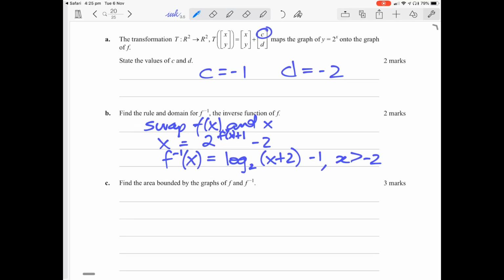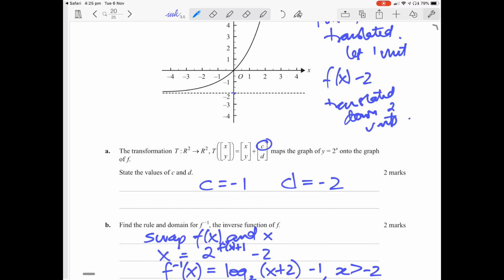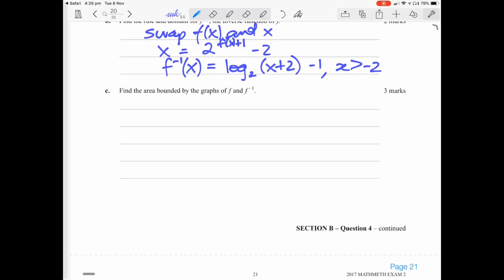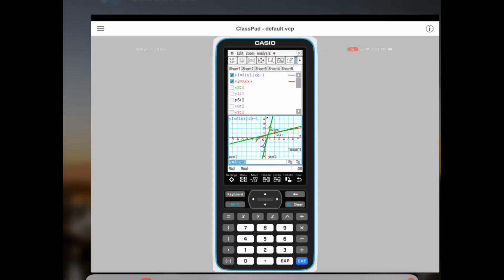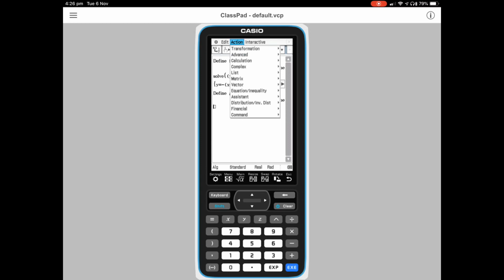Okay, find the area bounded by the graphs of f and f inverse. When we graph them, there's going to be a small area, but we want to see where they intersect. Okay, so let's get rid of that. Go back to our functions. So I've got 2 to the power of x plus 1 minus 2.